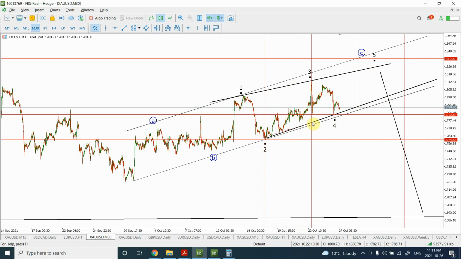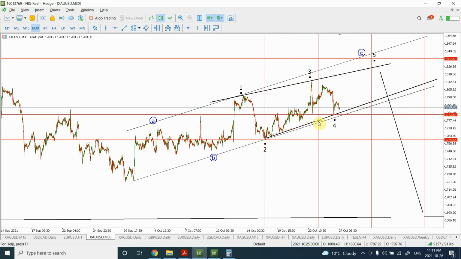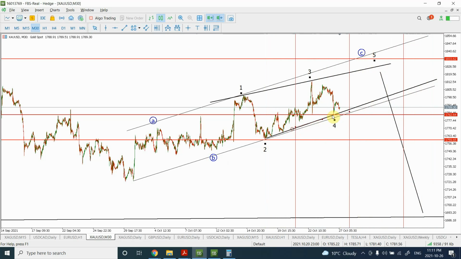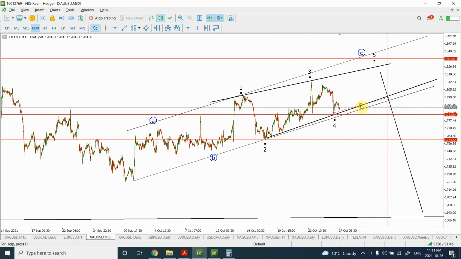In that case, we can just extend this by this much. Right, so this is how much time is expected for wave 5. As you guys can see, it's going to be very time consuming, and it's going to hit that target, so be careful while taking advantage of it.